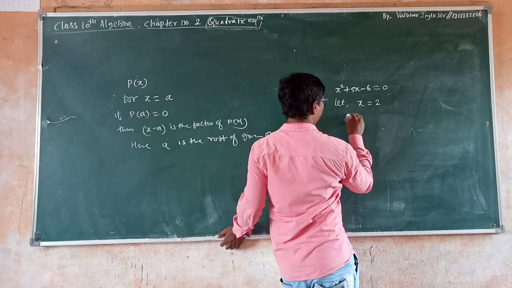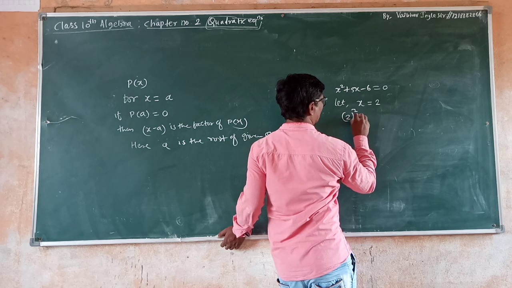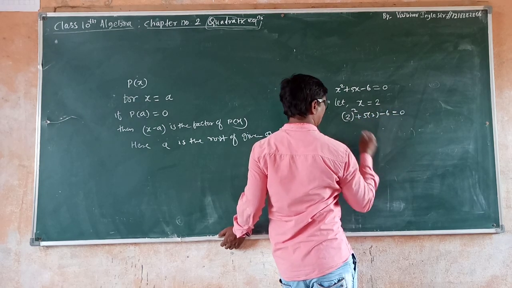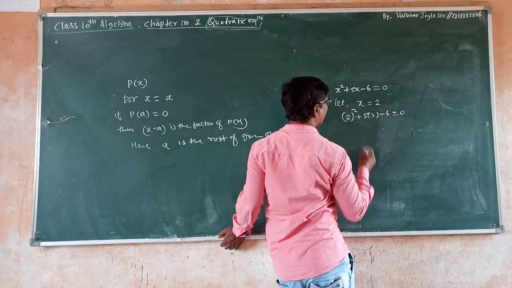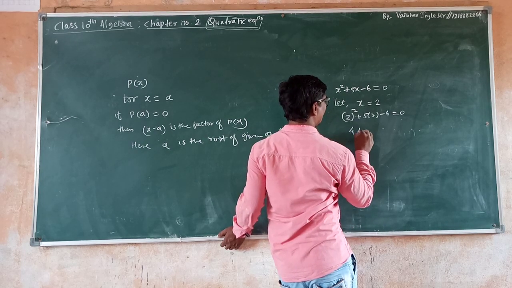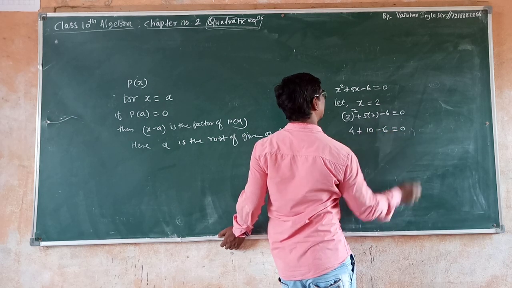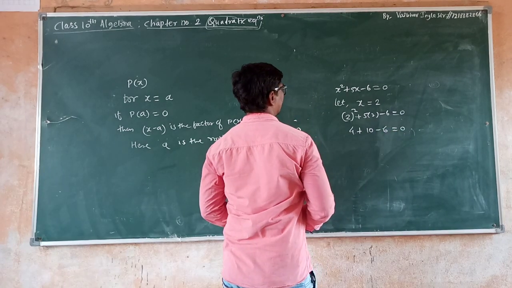So put here 2 square plus 5 into 2 minus 6 equals 0. So 4 plus 10 minus 6 equals 0.